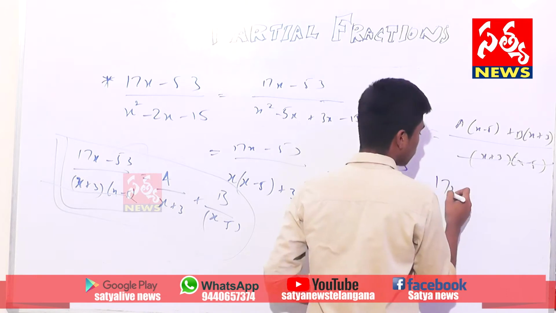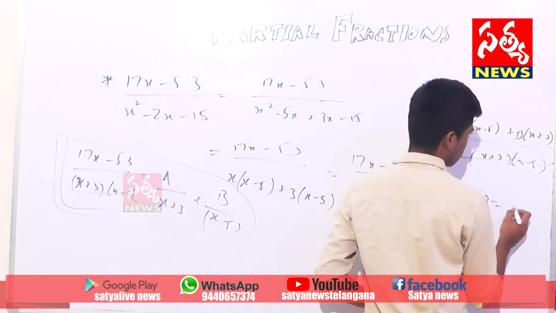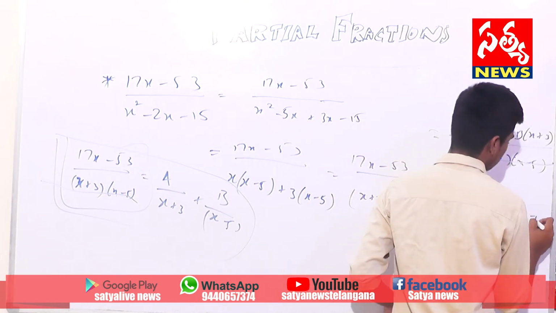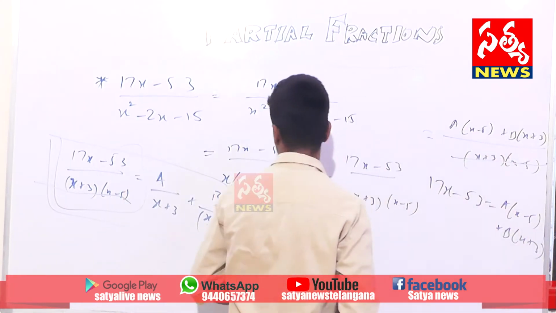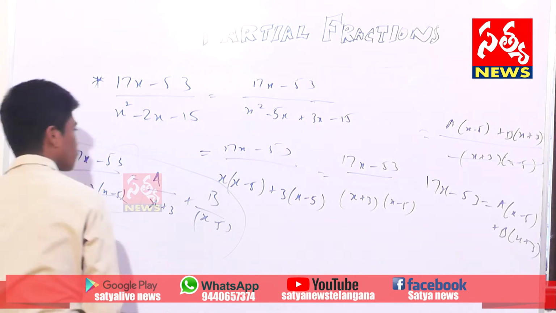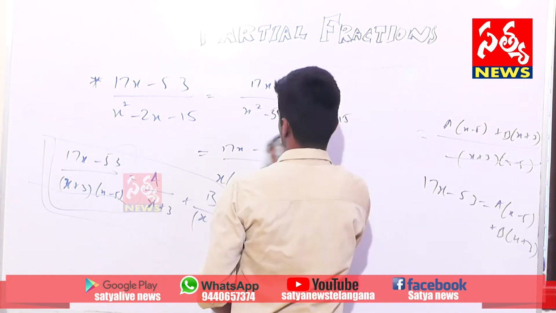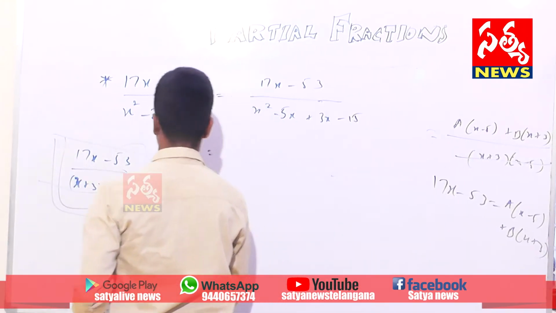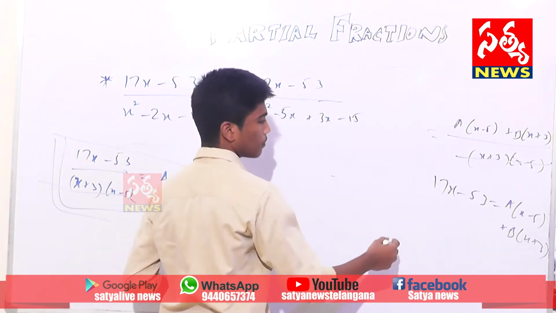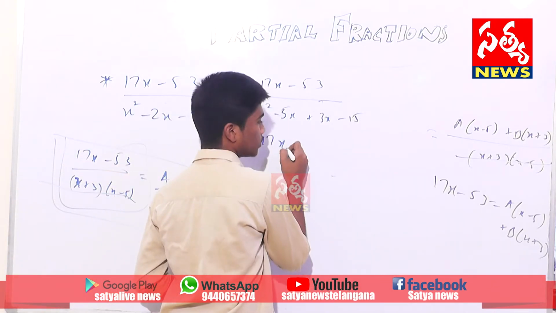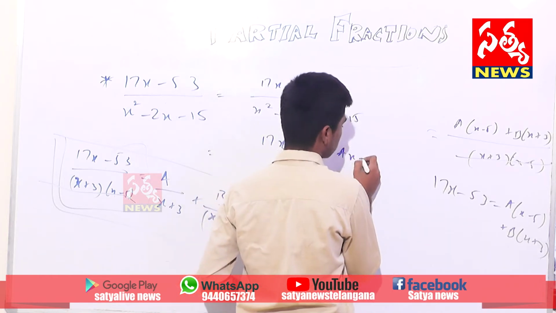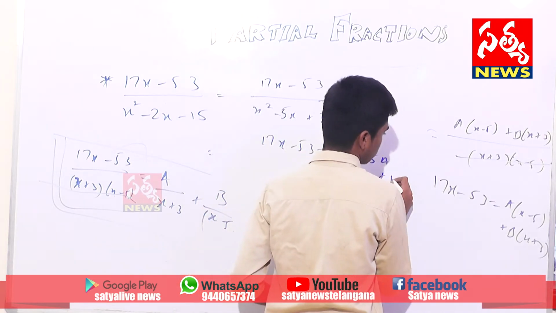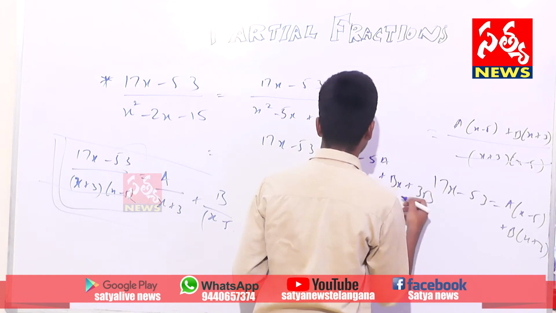Now we can equate: 17x minus 53 is equal to a into x minus 5 plus b into x plus 3. Okay. Expanded: ax minus 5a plus bx plus 3b.